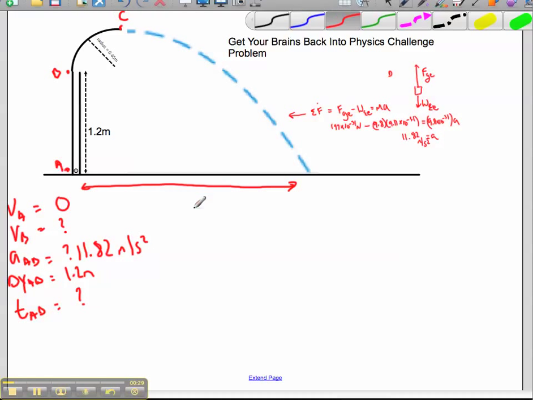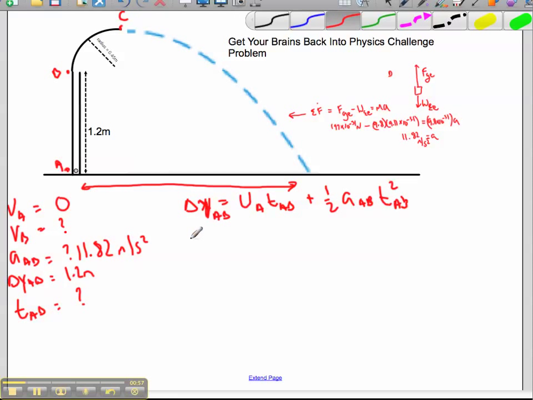then the time. And so I think I'll try to use the displacement formula, delta y from A to B will equal VA, time from A to B, plus 1/2 the acceleration from A to B times the time from A to B squared.